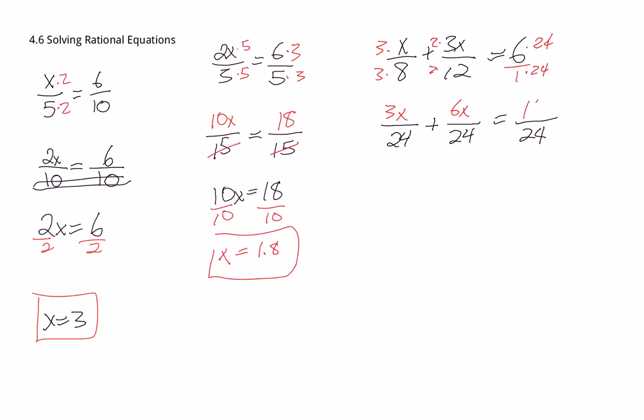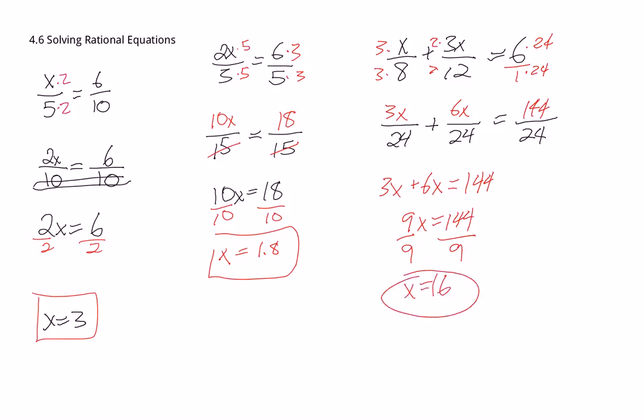So 6 times 24 is 144. Okay, so now that we have the common denominators, once again we ignore the bottoms. So our new equation will be 3x plus 6x equals 144. If we simplify that, we get 9x equals 144. So 144 divided by 9 gives us an answer of 16.